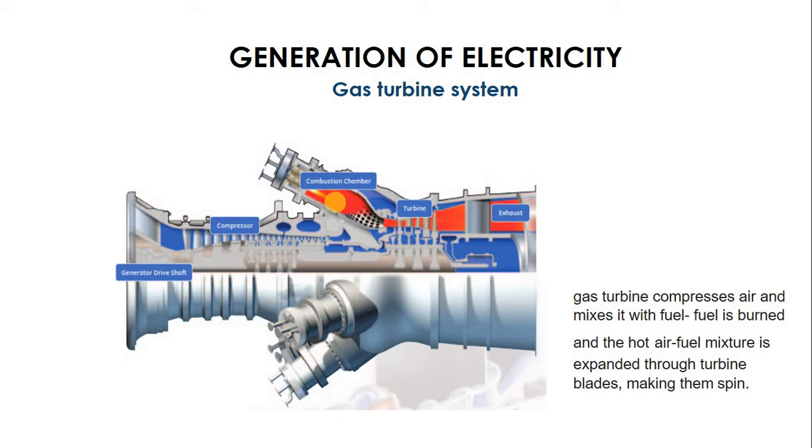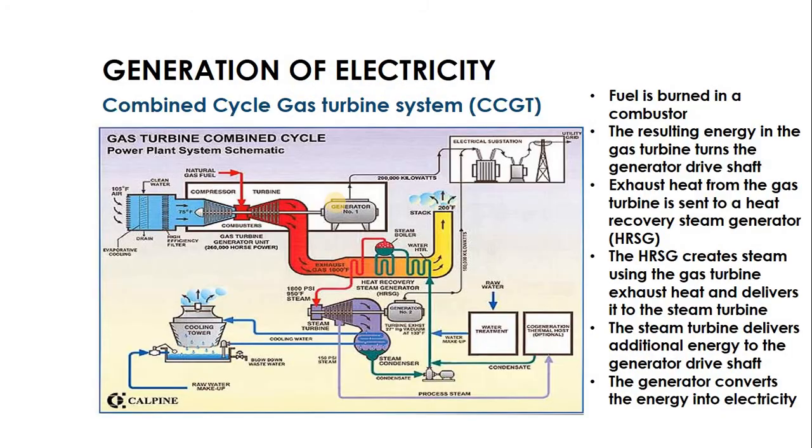Now let's look at what the combined cycle gas turbine system looks like. First of all, before we look at it, understand that the combined cycle gas turbine system has a simple gas turbine system with an additional feature which helps it to become more efficient. So let's look at it.